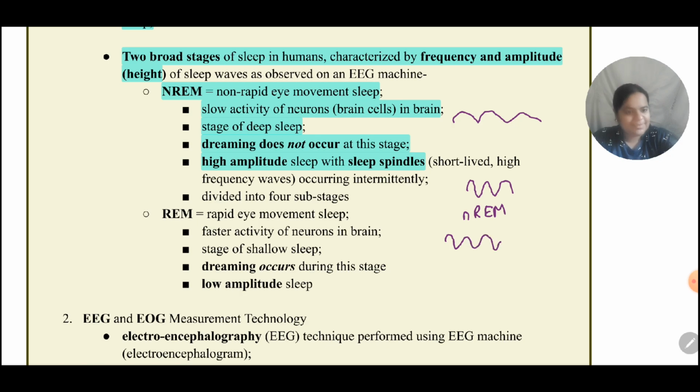But then in between, sometimes we will see some very frequent waves occurring, and then the waves will slow down again. So this sudden spurt or this sudden attack of a lot of activity of the neurons is what is called sleep spindles.